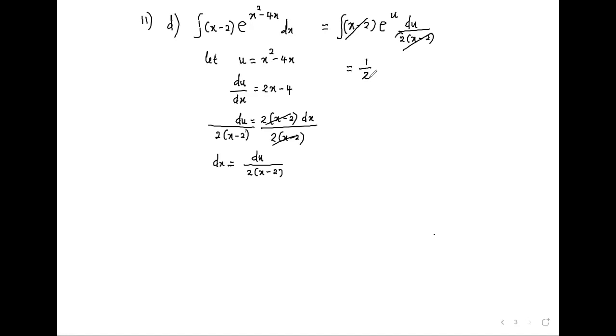So this 2 can be taken out, because it's in the denominator already. And then we'll have e to the power u, du. Now remember that the integral of e to the u is just e to the u plus c. So we go back and remember what our u is. So our u is x squared minus 4x. And then put back the c. So this is the integral.